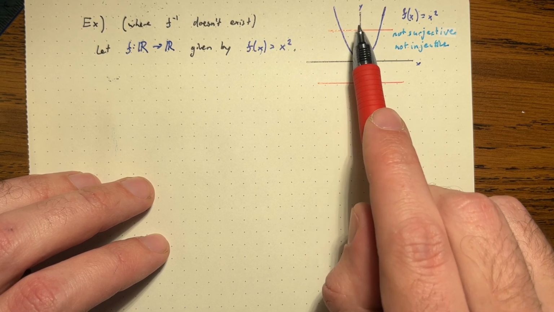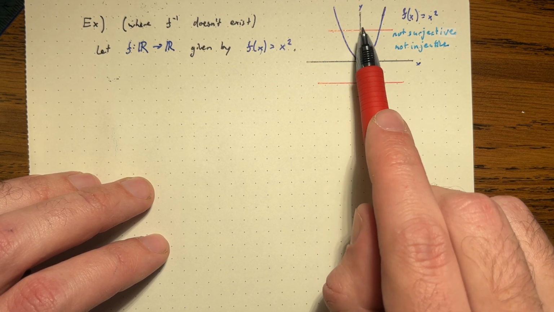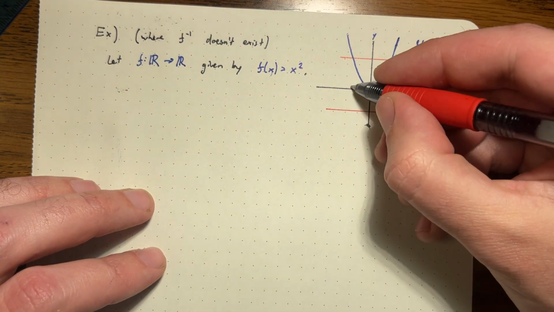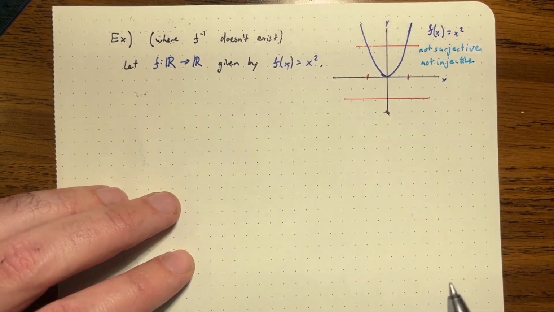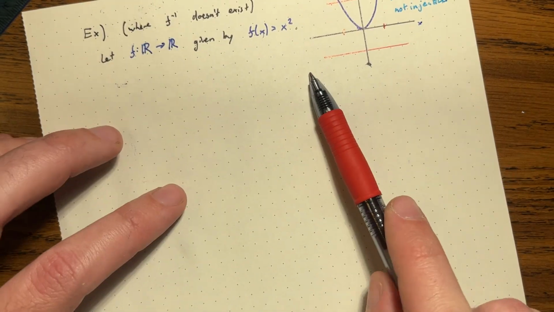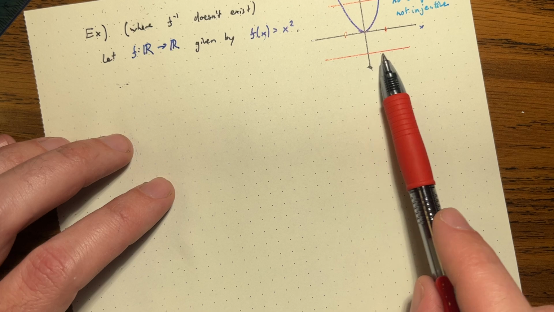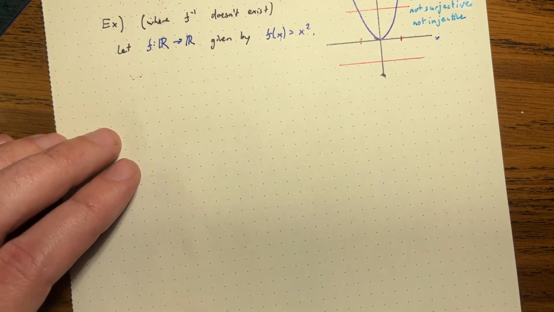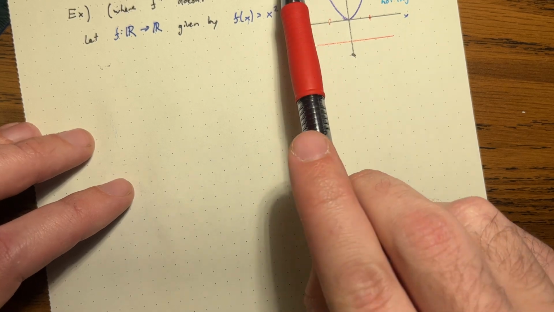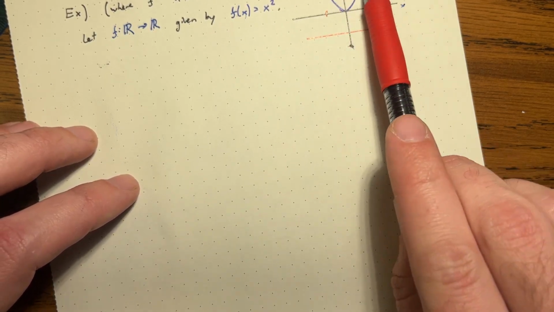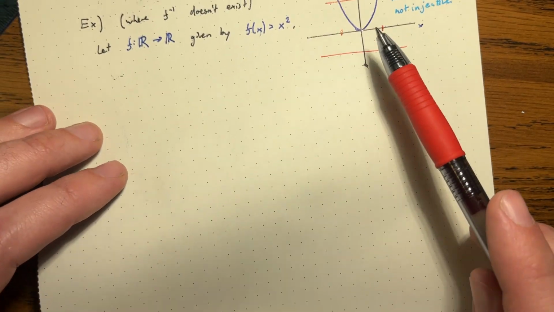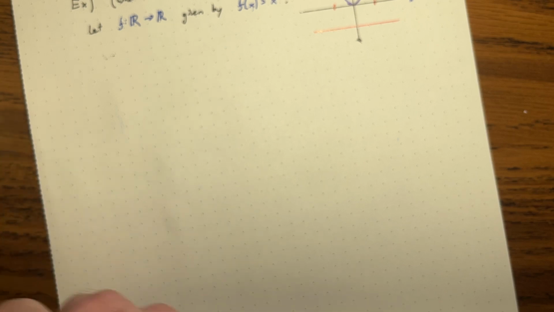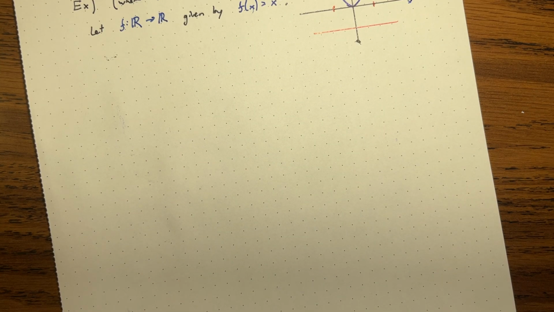And so this corresponds to the output here having 2 potential inputs, this one here and that one there. And to say every horizontal line needs to meet at least once, that's surjective. So if every horizontal line meets exactly once, then it's bijective. Okay, so anyways, we cannot invert this.